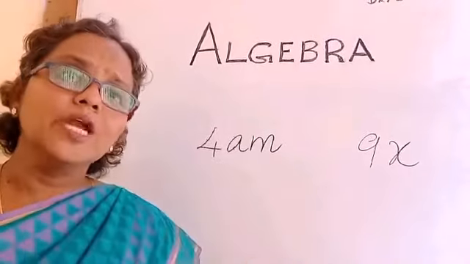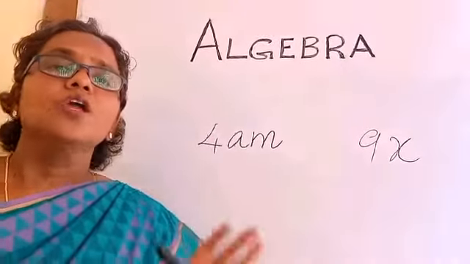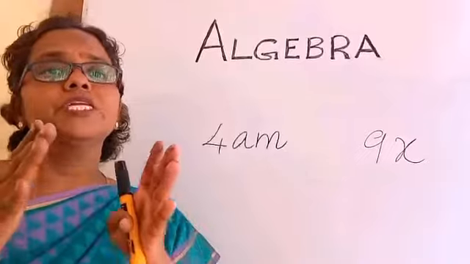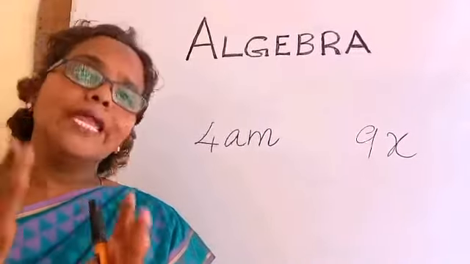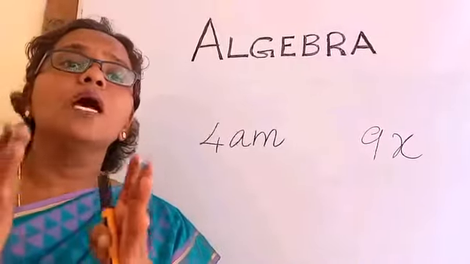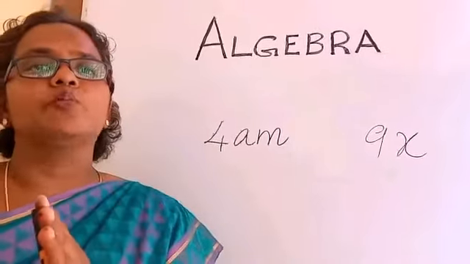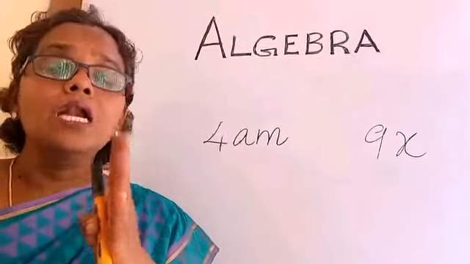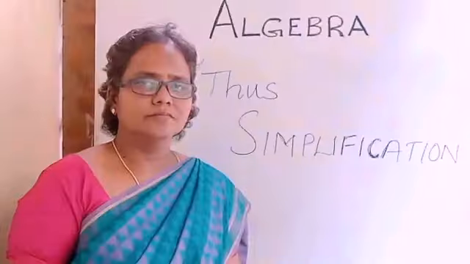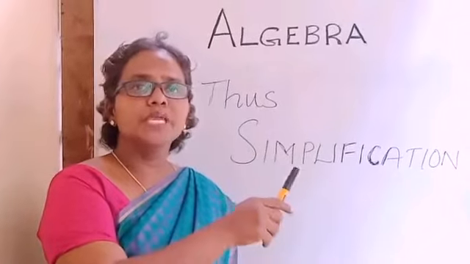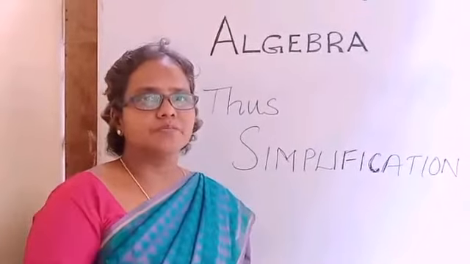So I would like to conclude that you can perform an addition operation and subtraction operation on like terms, but you cannot perform them on unlike terms. Thus, simplification of an algebraic expression is possible when the algebraic expression involves like terms.